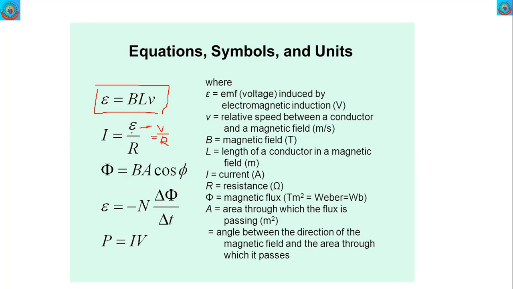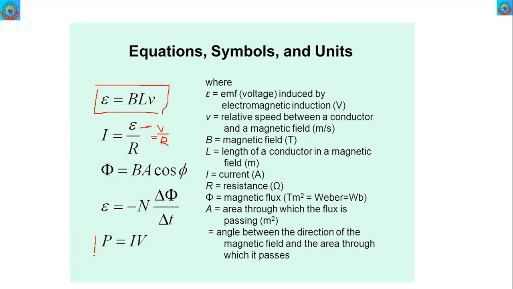So the magnetic flux is equal to BA cos theta, the general formula for any arbitrary angle that the magnetic field makes with the area. And then from the electromagnetic law we have this equation: the induced electromagnetic force is directly proportional to the rate of change of flux, where the proportionality constant is minus N. And the power is equal to current times voltage.